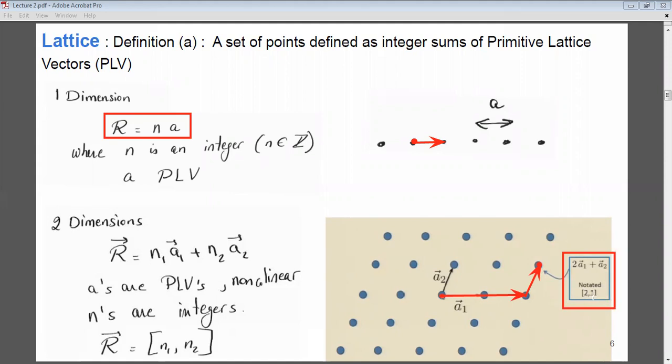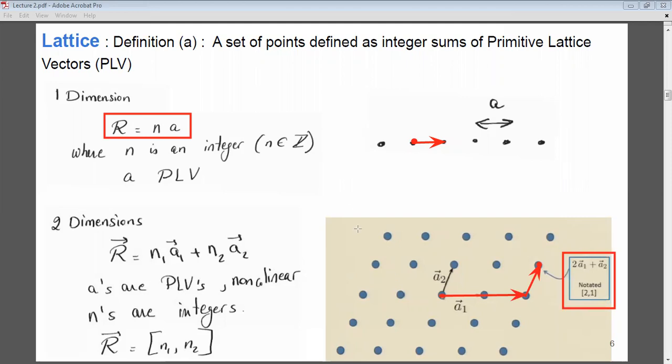So if we think of this lattice point here as the center, as point 0, every point in this lattice is an integer times A1 plus an integer times A2.